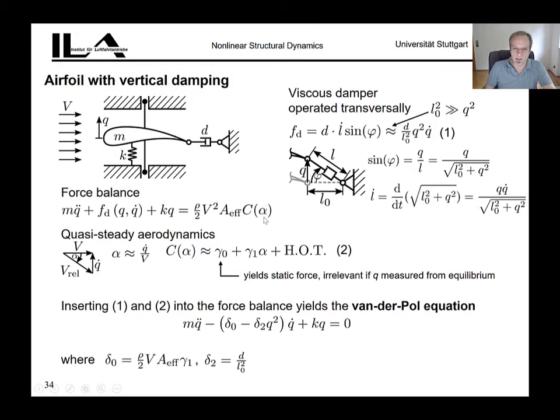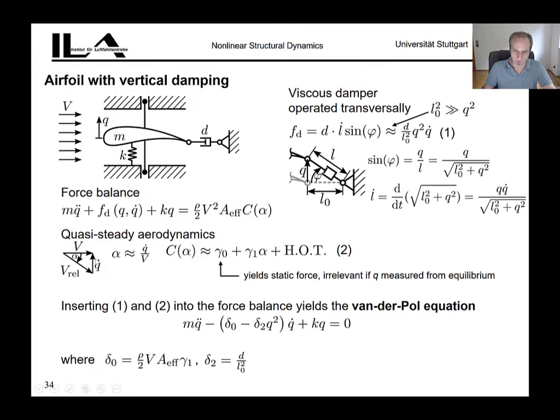Let's assume that the angle of attack, in the absence of any velocity, so in the stationary case, is 0. Then this can only change because of quasi-static aerodynamic effects. If we have a certain velocity here in the vertical direction, we can draw this triangle.